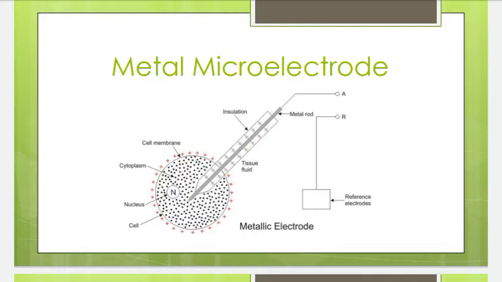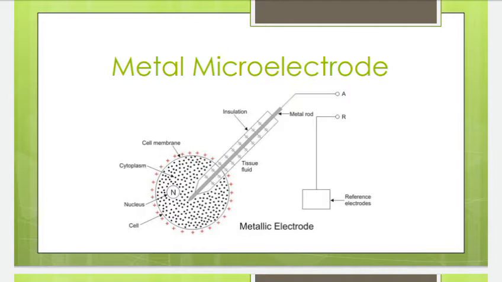The tip has a very small diameter of 0.5 to 5 microns, and there is a reference electrode placed outside the cell. So this is the metal microelectrode.